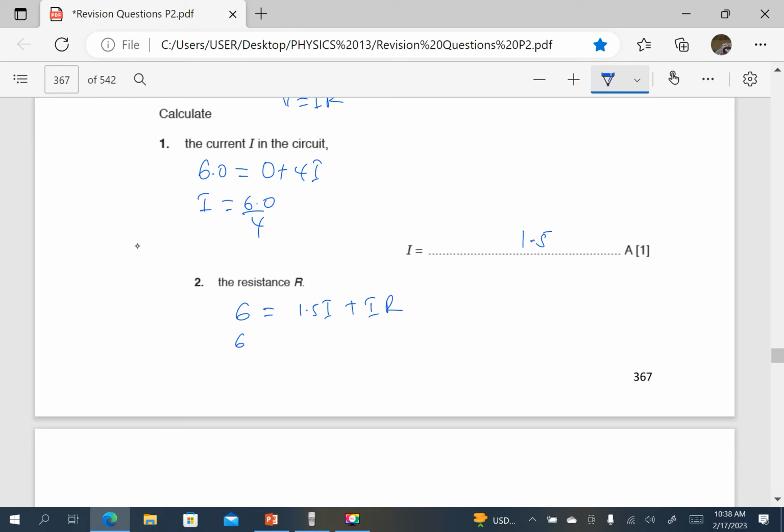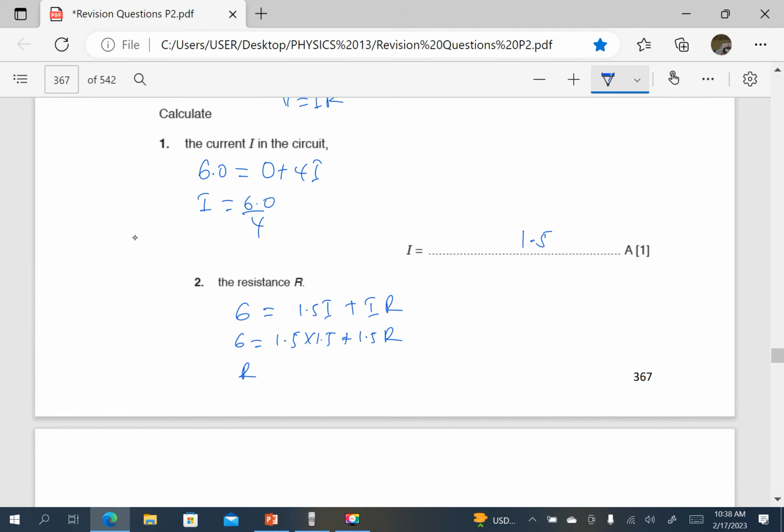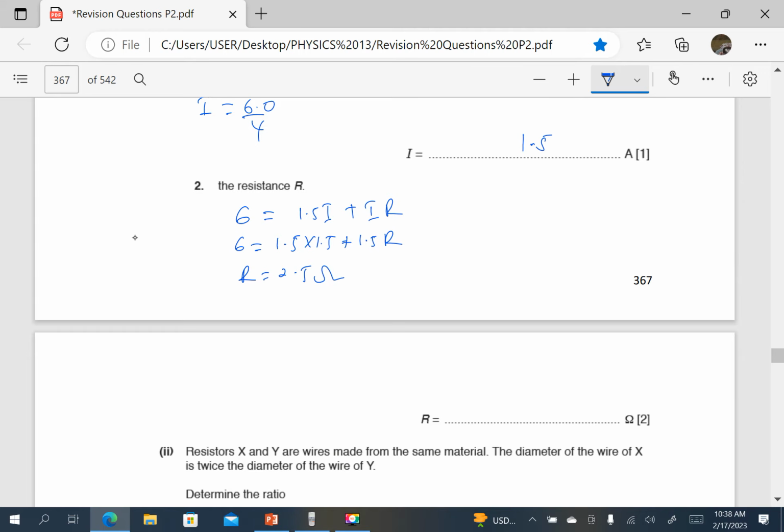Therefore, 6 is going to be 1.5 times 1.2 plus 1.2 times R. So we collect like terms: 6 minus 1.5 times 1.2, divided by 1.2, which gives us 2.5. So R is 2.5 ohms.